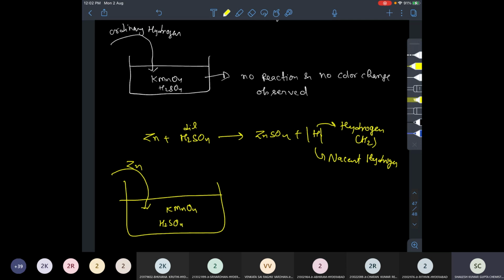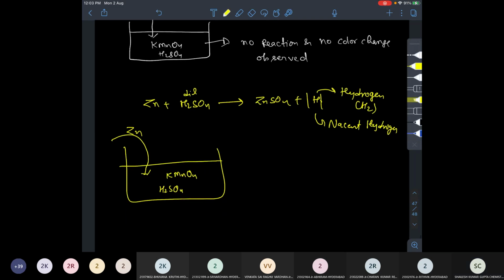The reaction of zinc with the acid produces nascent hydrogen. If you are able to pass that, what will happen? That hydrogen is going to reduce KMnO4, and there is a color change.